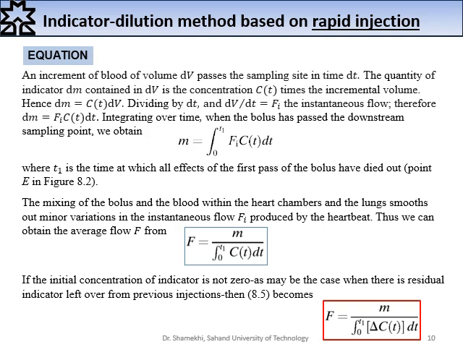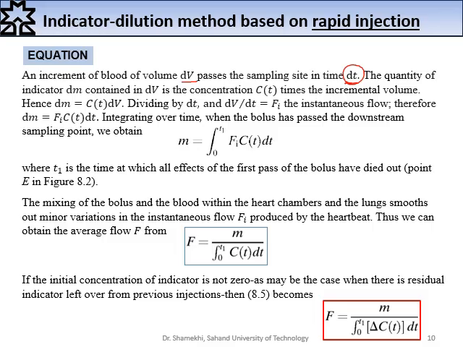As you can see here, an increment of blood of volume delta V passes the sampling site in a specific time, delta T. Therefore, in rapid injection, we should consider that we have a limited time, and we should use time-related equations.